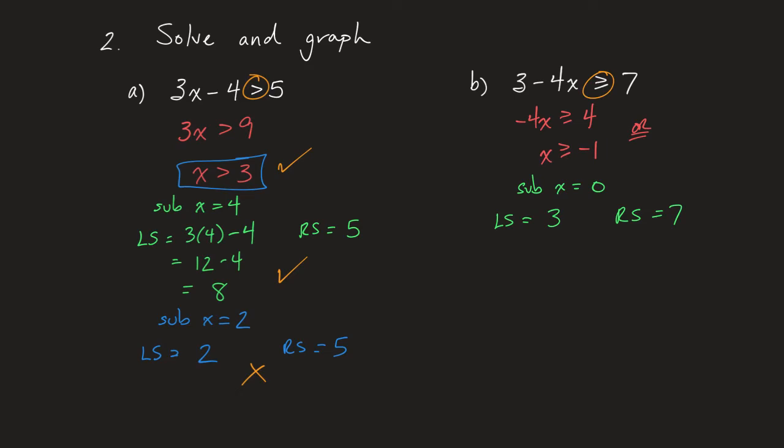And so instead they said, well, I'm going to get rid of that minus 4x, so I'm going to add 4x. At the same time, they're going to get rid of that 7, so they're going to subtract 7. 3 minus 7. And now to get rid of my times by 4, I divide by 4. And I get something like that.